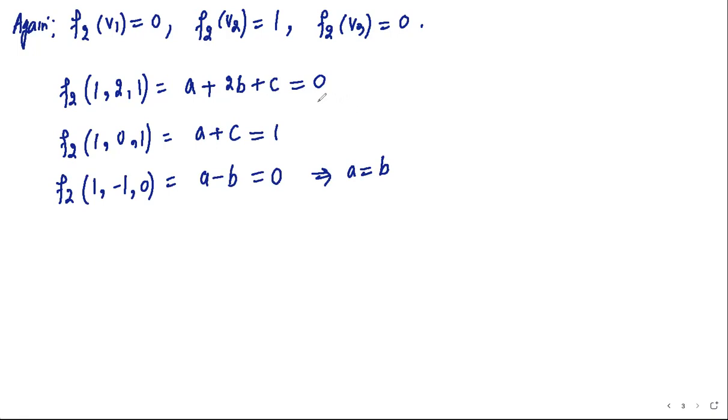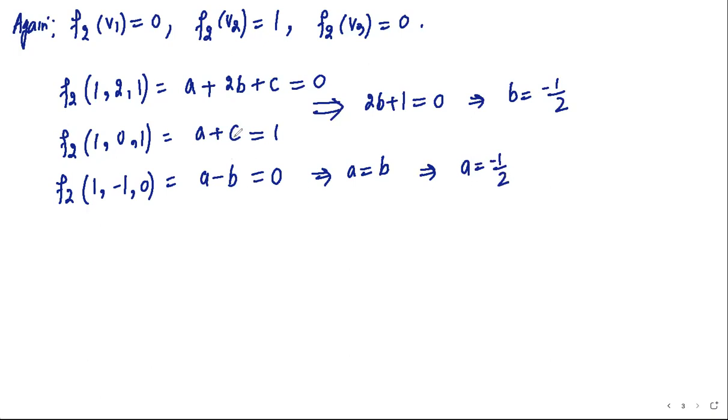So these two equations imply, now we use this a plus c is equal to 1 here. So this gives us 2b plus 1 is equal to 0, and this implies b is equal to minus 1 by 2. Once we have b is equal to minus 1 by 2, this equation implies a is also equal to minus 1 by 2.